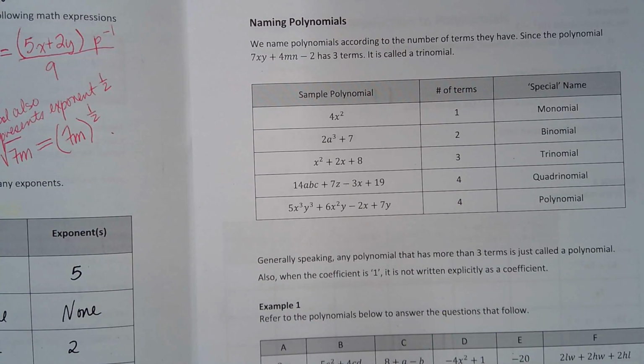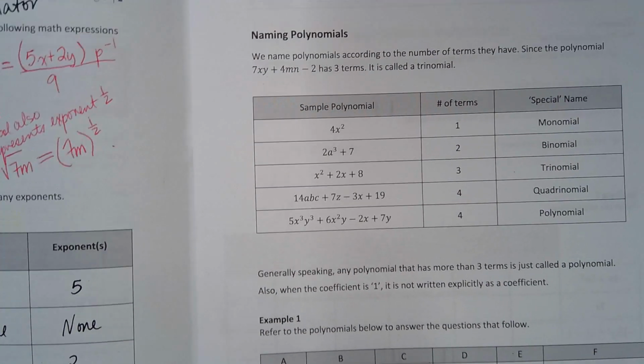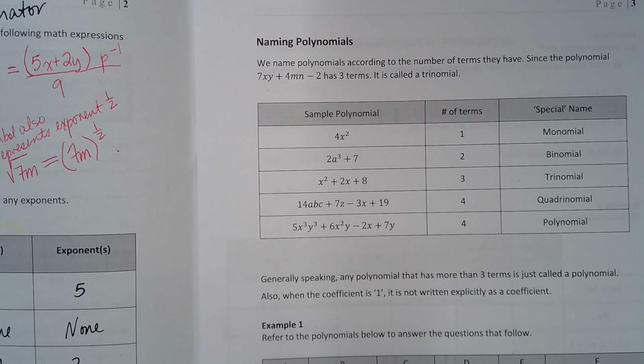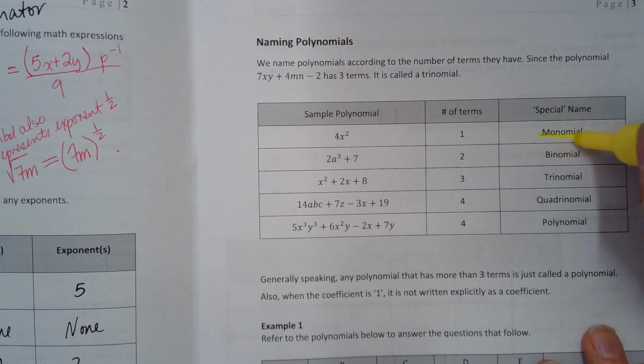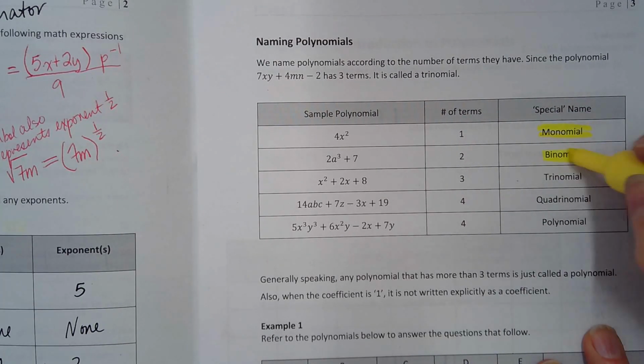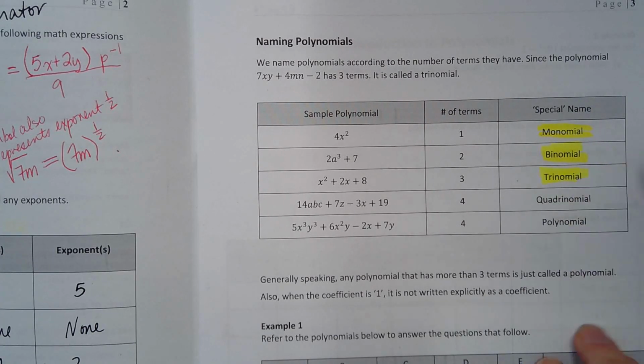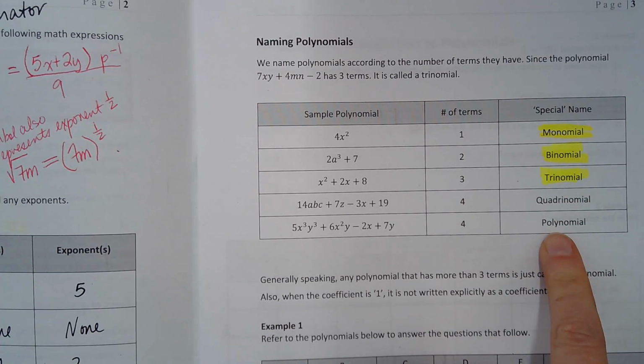So now we go to naming. Polynomials have different names according to how big they are. The three names that we commonly use, and stop at, are monomial, binomial, and trinomial. A polynomial with 4 pieces would be called a quadrinomial, but we don't use that.